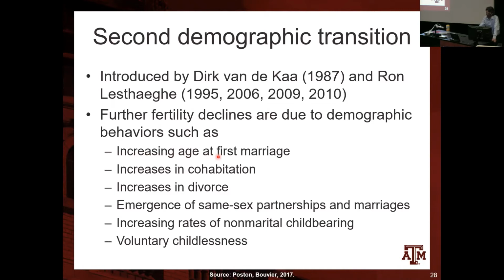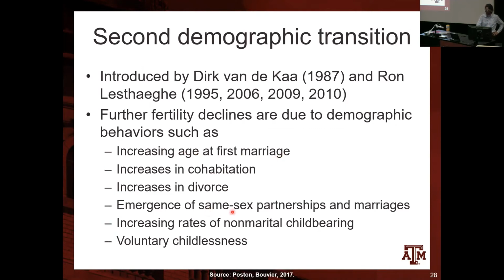We see increase in age at first marriage, so people delay getting married. Increasing chances of cohabiting, increasing proportions in divorce, and increase in age at first marriage also is related to postponement in fertility. So women start to have children at older ages.